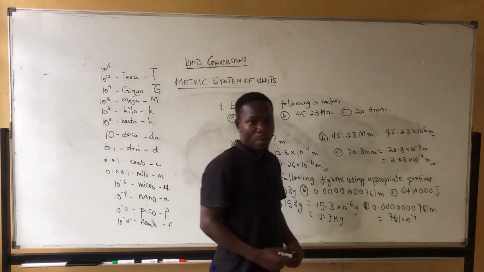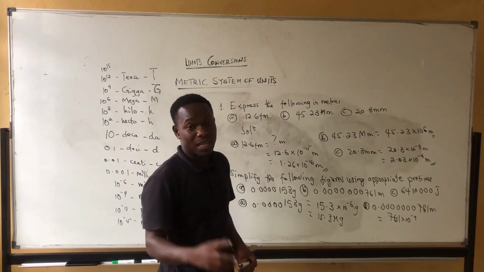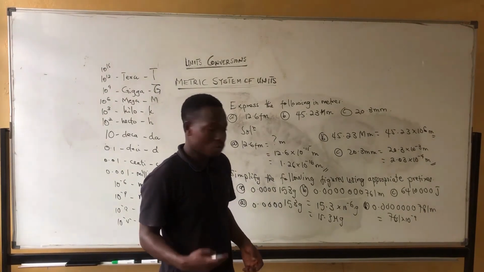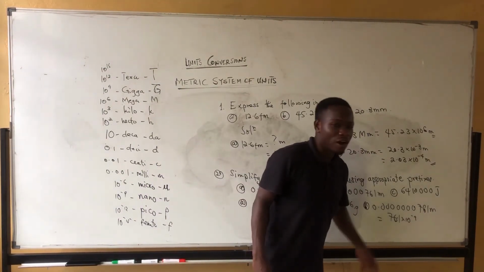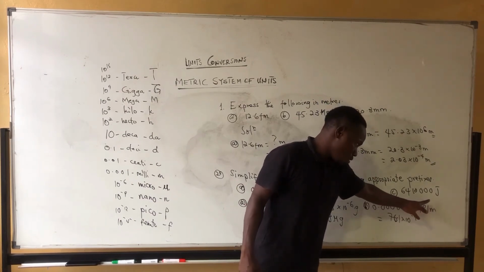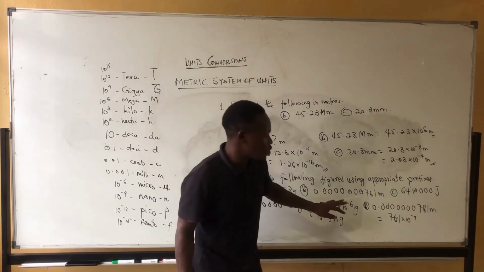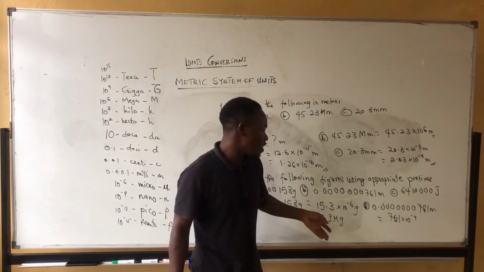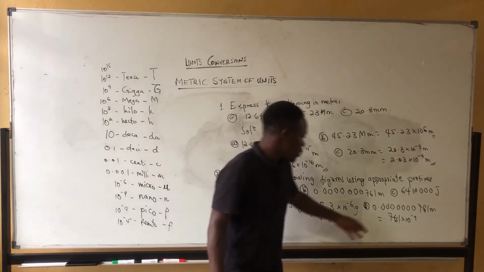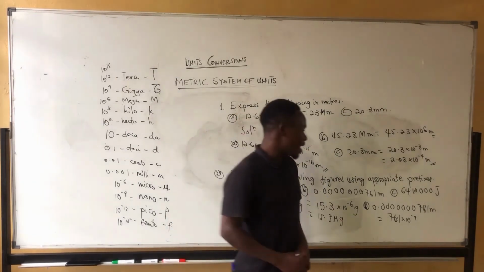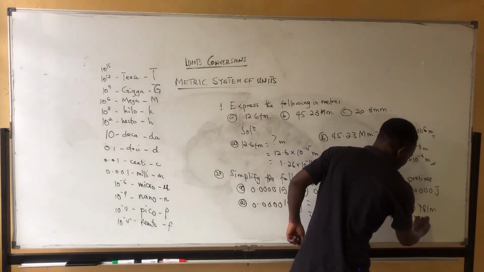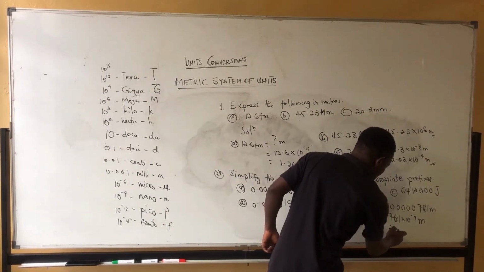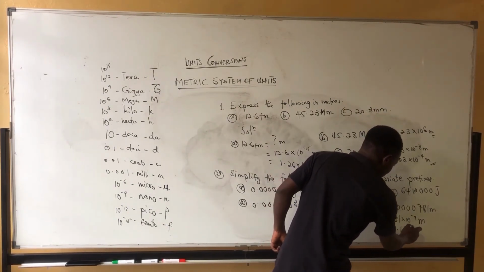I'm trying to avoid powers that are not multiples of 3, so 10 to the power negative 9. I could have used 10 to the power negative 6, but then I would have some zeros left, and I want to use as few zeros as possible. So it is 76.1 times 10 to the power negative 9 meters. That is 76.1 nanometers.